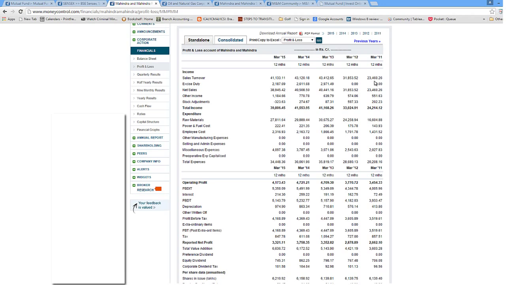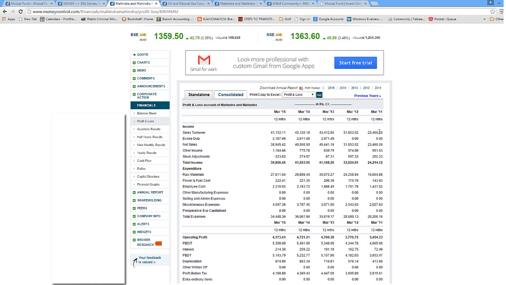Though now I can see that, while the sales have been good, while the operating profit has been positive, in the last couple of years it has gone down slightly. The sales have gone down. So you may want to research a little more into this to find out whether it is due to competition or it is due to lackadaisical attitude of the company. Once you are happy with looking at this, you may move forward.